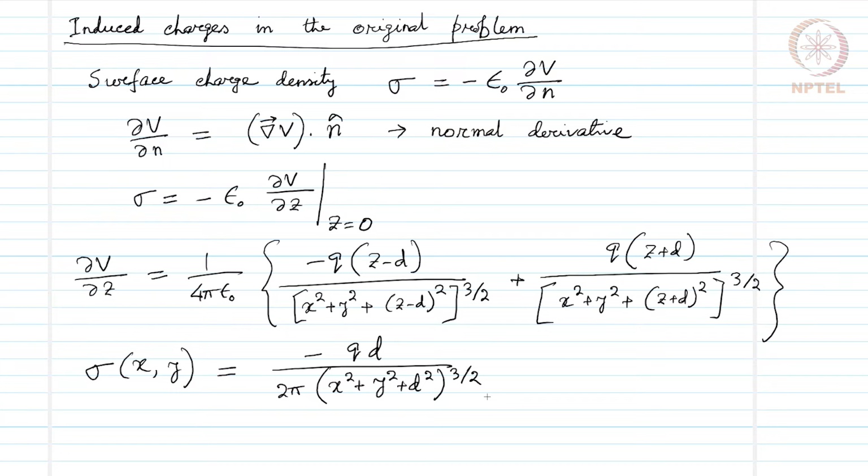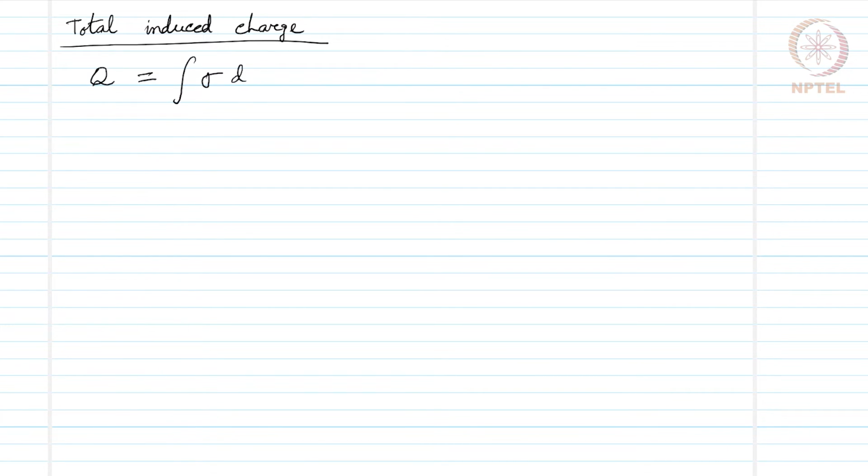So, let us try to find out the total induced charge for this system. For total induced charge, we will have to integrate over the entire plane. So, the total charge will be the integration of sigma dA. And let's move to polar coordinate system now.